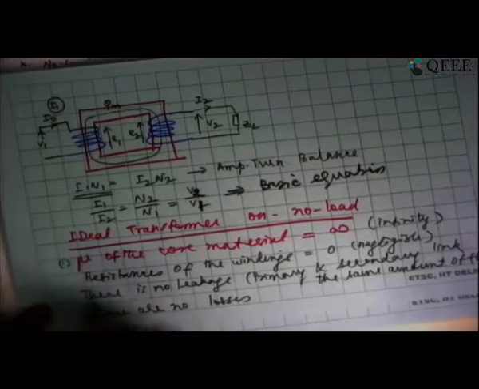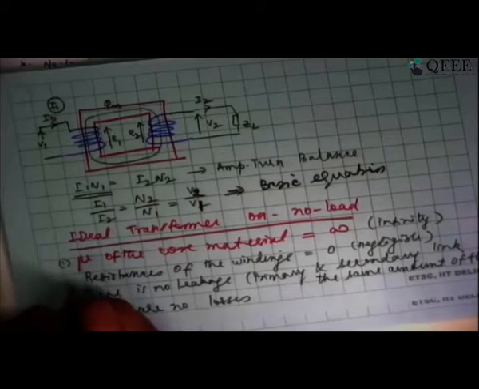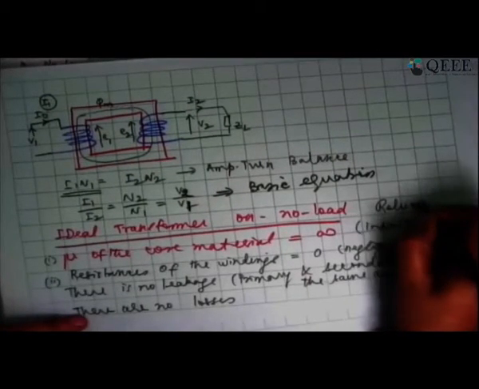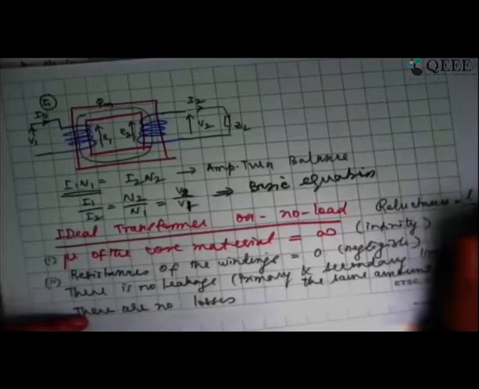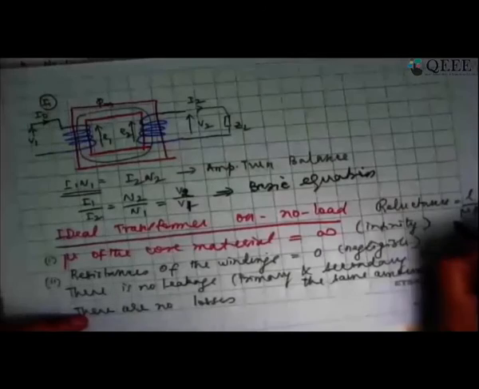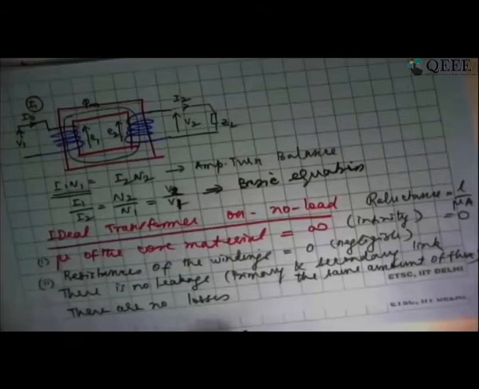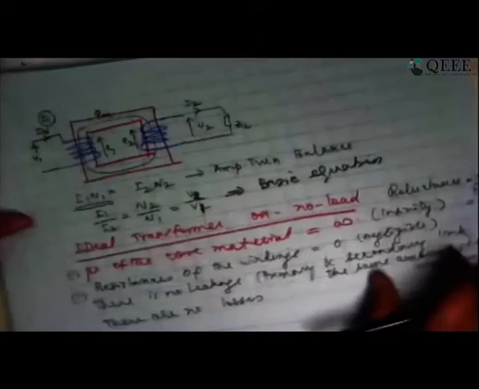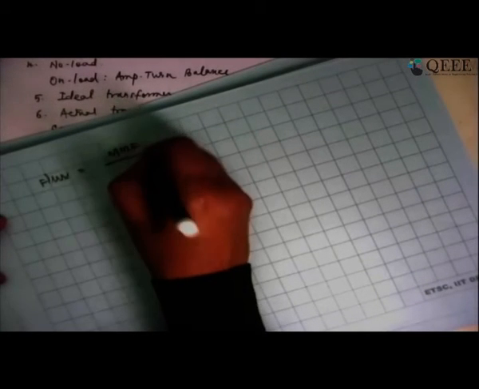First of all, permeability is definitely not infinity. We all know that. If the permeability is infinity, the reluctance would be zero, because reluctance is L by mu A. If mu is infinity, the reluctance is zero. If the reluctance is zero, even with zero current I should be able to establish a finite amount of flux, because flux is equal to MMF divided by reluctance.